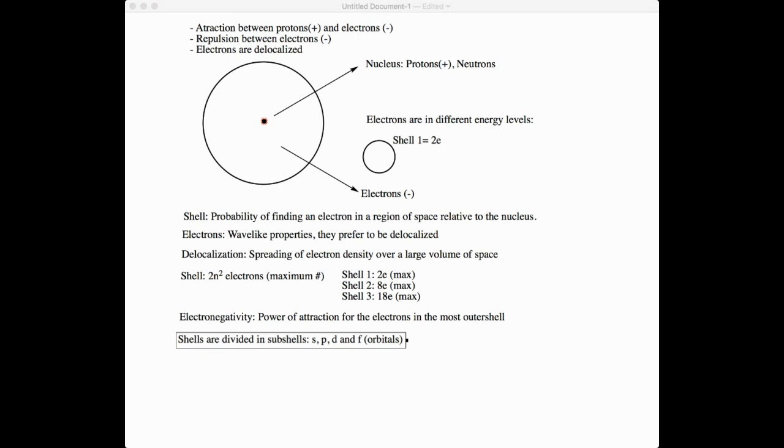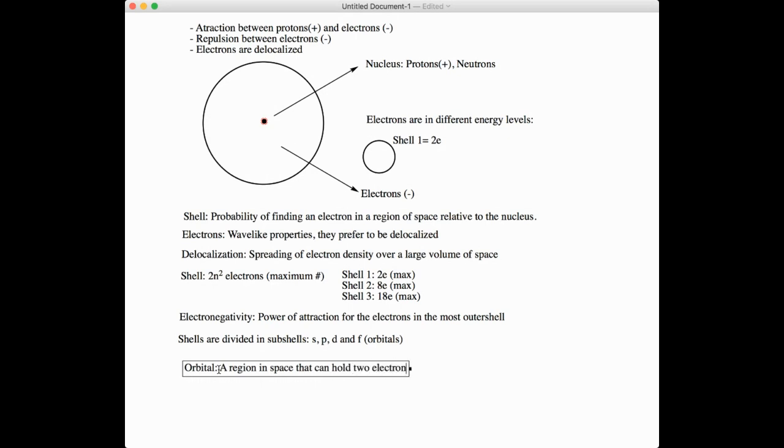Okay, and let's define what is an orbital. That's another very important concept in chemistry. So we can define an orbital as a region in space that can hold 2 electrons.